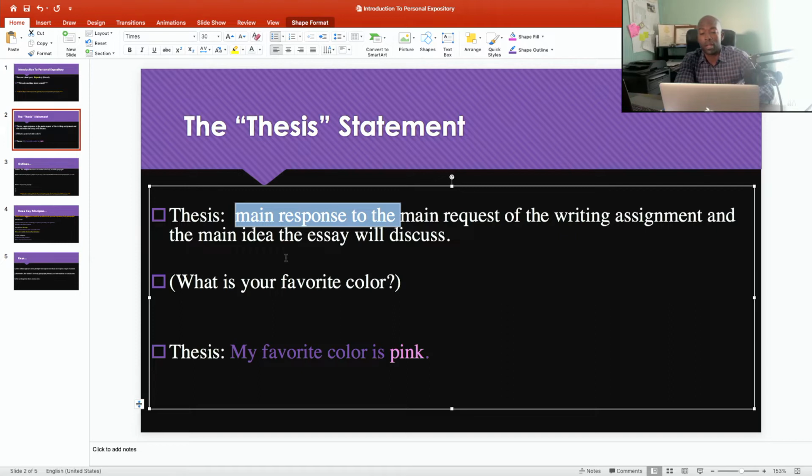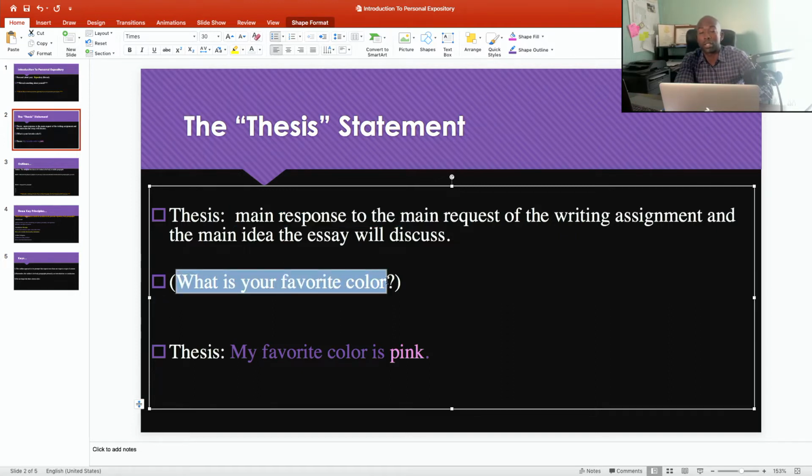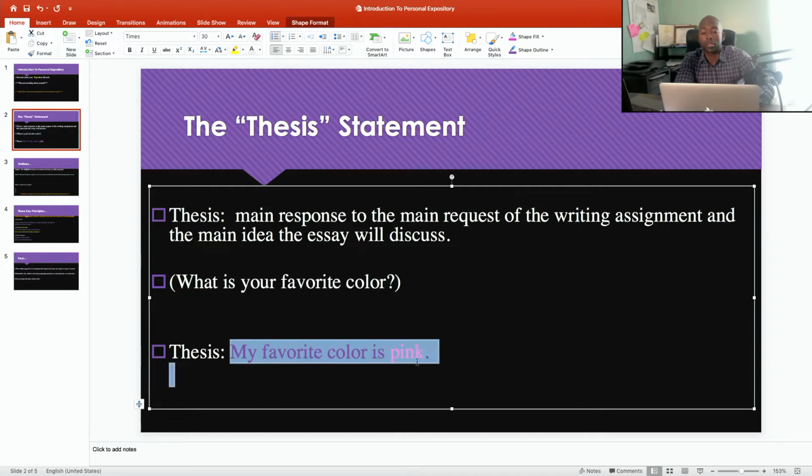So whatever you're asked, and I use this sample, if the question is, what is your favorite color? So the thesis is going to answer that question and provide the basis for everything you're going to discuss inside the writing assignment. So this one says my favorite color is pink. Not really, not mine. Mine isn't really pink, but it answers the question. And so that's what the thesis does. Okay.